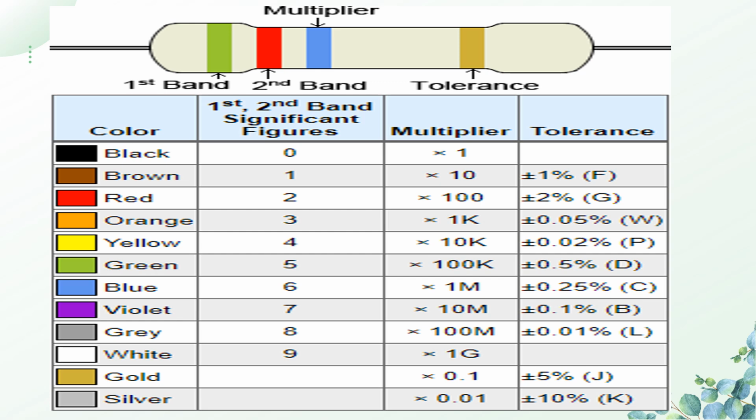Every resistor has a change in value, and that tolerance is represented by the stripe. Commonly 2 stripes are used, gold and silver. Gold has a tolerance of plus or minus 5% and silver has a tolerance of plus or minus 10%. And this table represents the various values that are represented by colors.